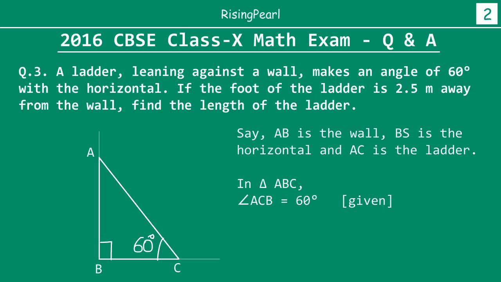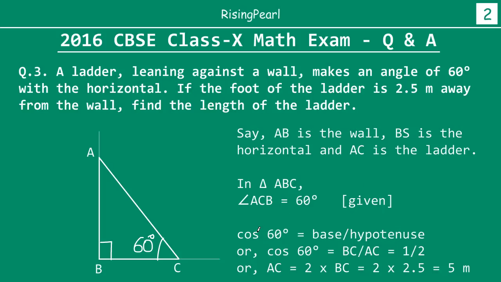So we can simply use cos 60 degrees, which is the ratio of BC to AC, that is, adjacent side by hypotenuse. If you simply solve it, you will get AC equals 5 meters, and so AC is the ladder, so the length of the ladder is equal to 5 meters.